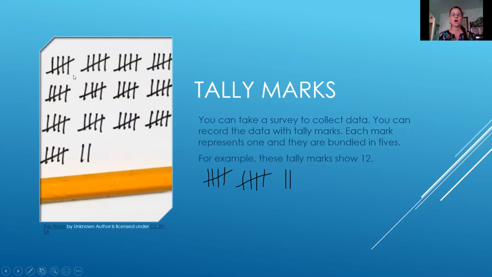But because we know they're in bundles of 5, you can count by 5s, like this. 5, 10, 15, 20, 25, 30, 35, 40, 45, 50, 55, 60, 65, 66, 67. So our picture of tally marks shows 67 tally marks.